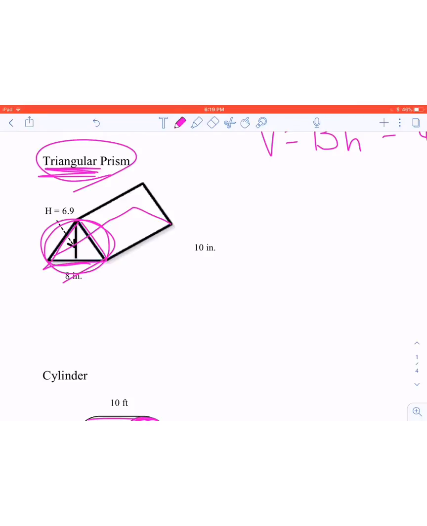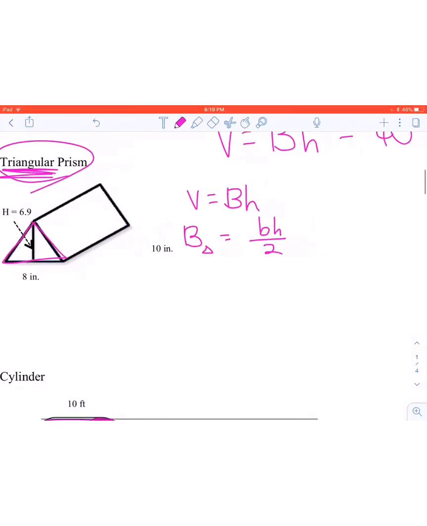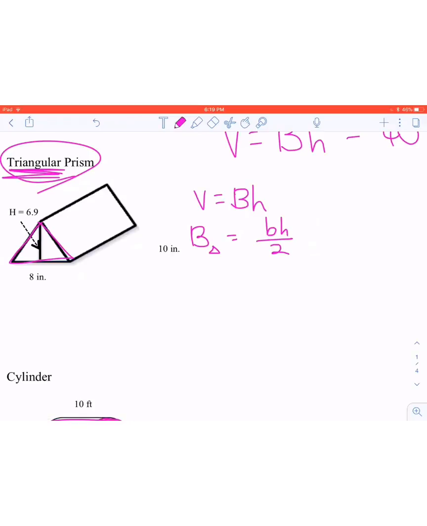So to find the volume again, we multiply the area of the base by height. The area of the base in this case is a triangle, so I have to use base times height divided by 2 for the triangle itself. So we're going to just pay attention to our triangle here. The base is going to be 8 times the height, which is 6.9, divided by 2.